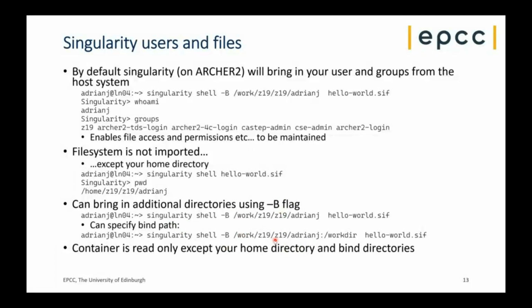And I can actually rename those kind of things inside the container as well. So I can specify a bind path, and then inside the container, this will be called work dir rather than this whole long thing here. Now, it's important to know that containers are read-only, except your home directory and bind directories. So when you're running a container like this, you can't change anything inside it, but you can change the directories you bind into it.